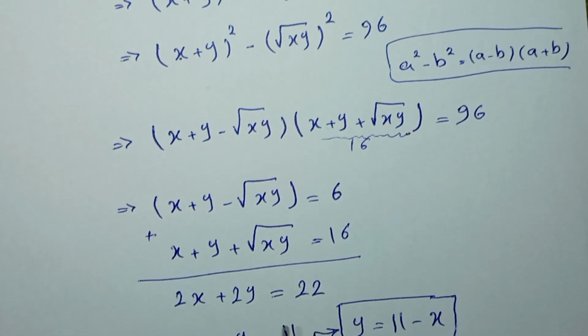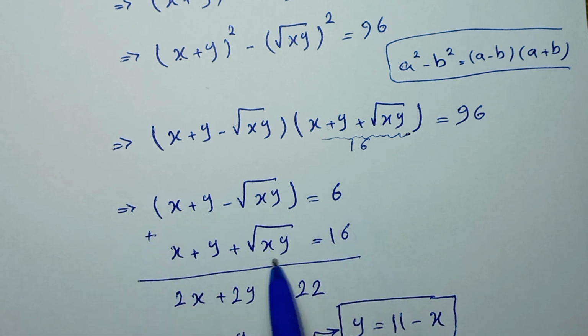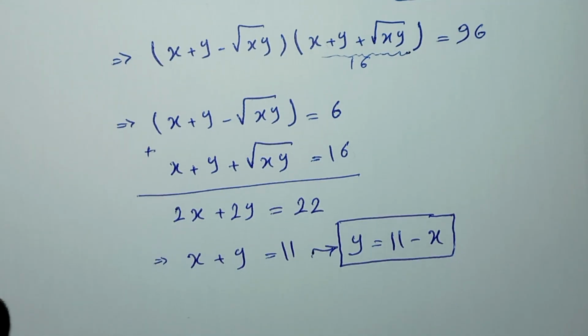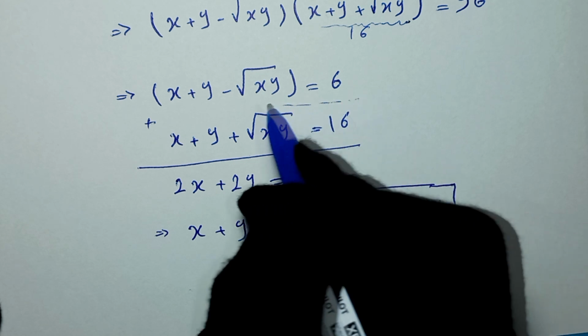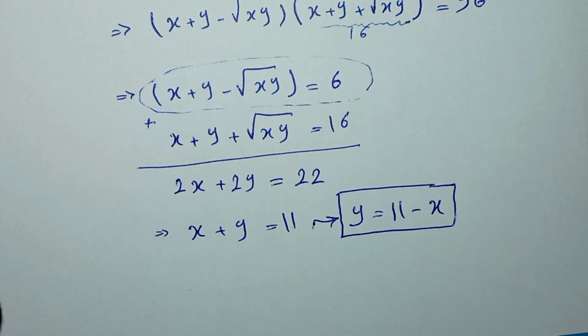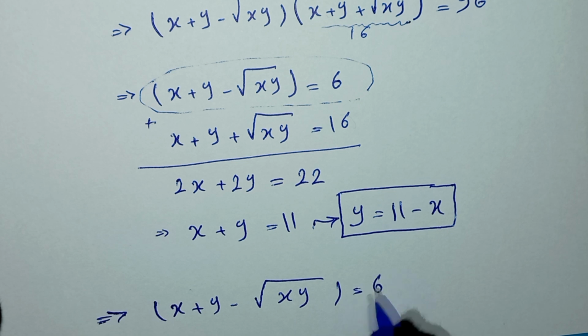And in here also, we have this equation. We can substitute this y in this equation or this equation, it doesn't matter. So we substitute this in this equation, and we write in here x plus y minus square root of xy equal to 6.